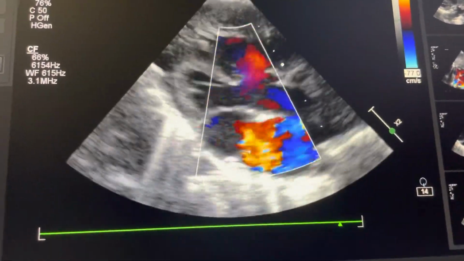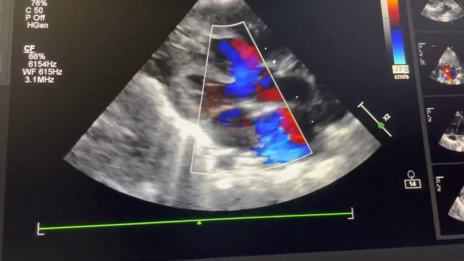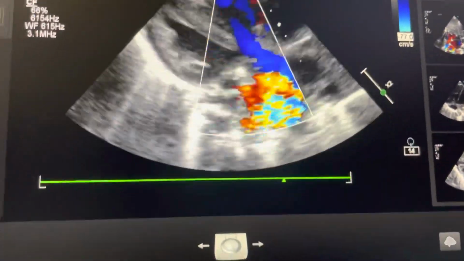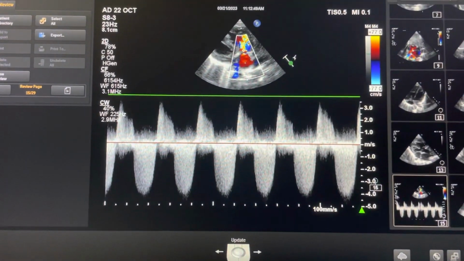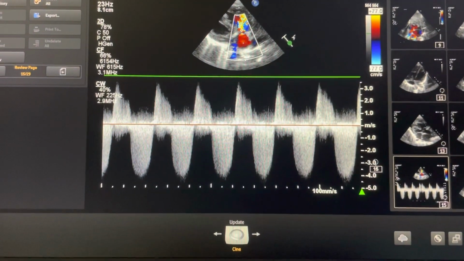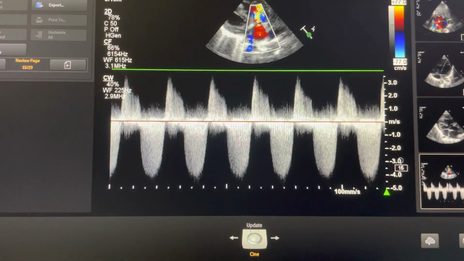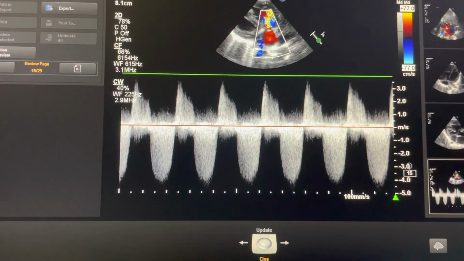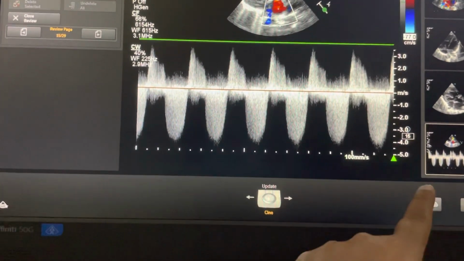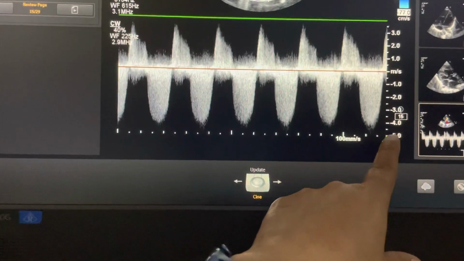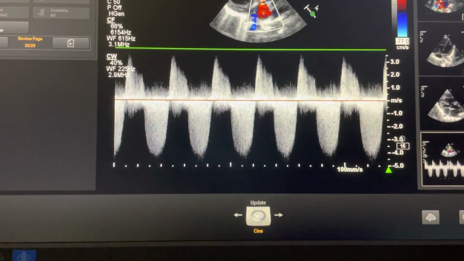Next image, again you see the lower one is flow because of pulmonary stenosis, and the upper one is flow because of pulmonary regurgitation. Significant pulmonary stenosis as velocity is between 4 to 5 meters per second. So stenosis is severe.